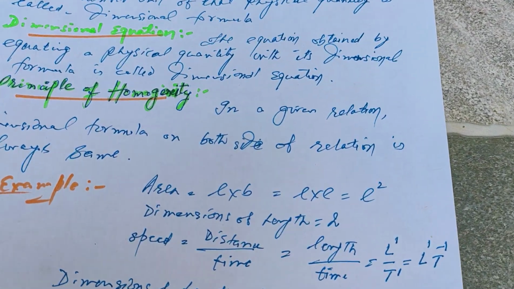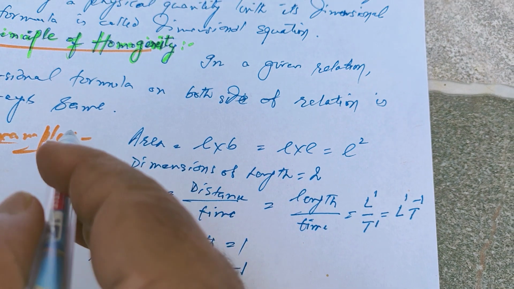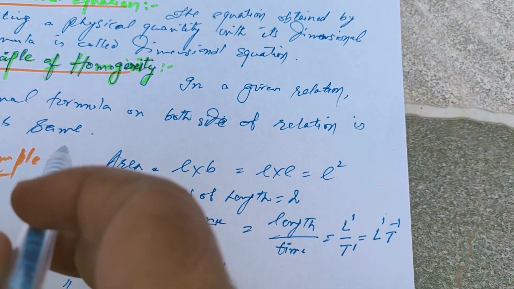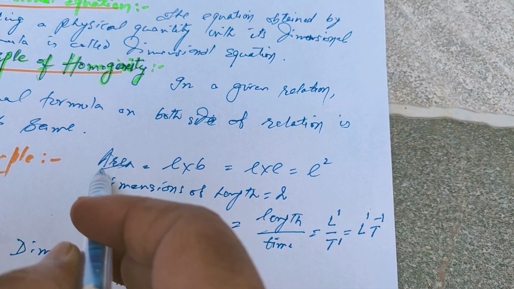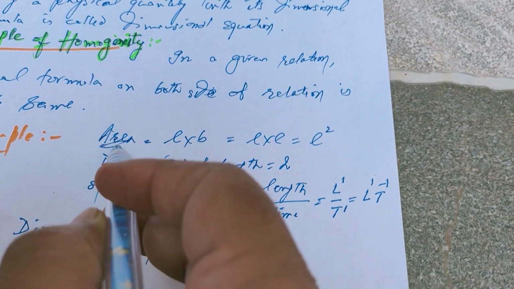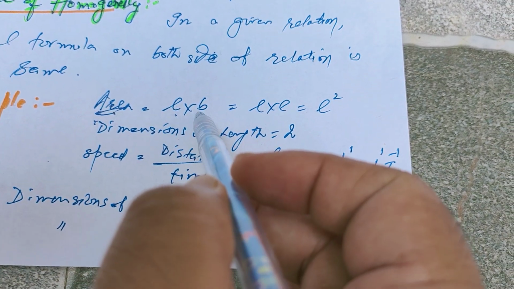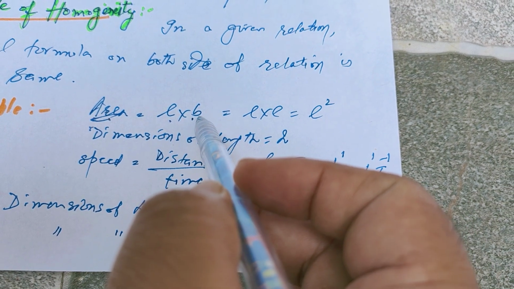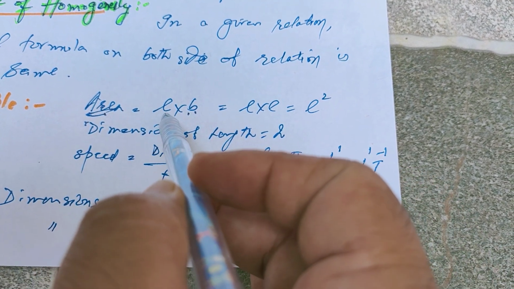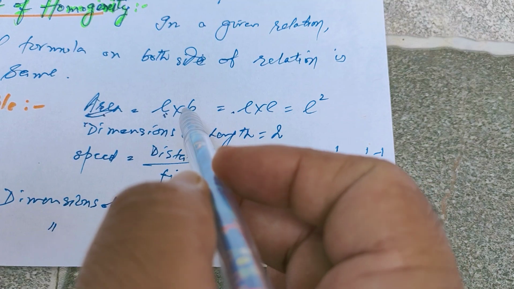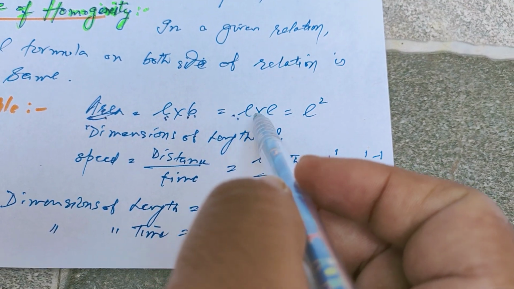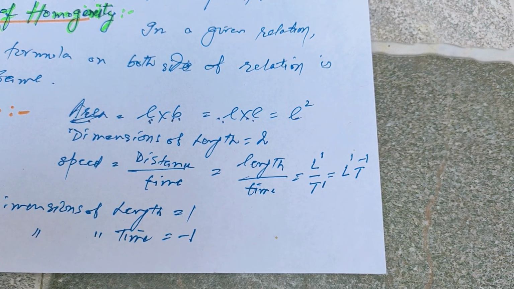You can take the example of area. This is our physical quantity, and for area the formula is length into breadth. Breadth is also a length, so L into L, it is L square.